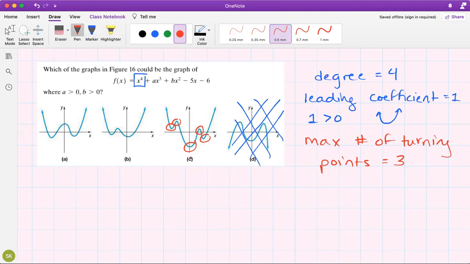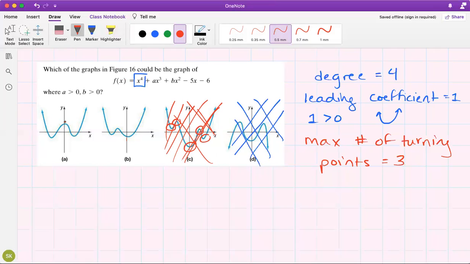There's no way that this graph goes with this function. So we're going to cross this one out. This one has 1, 2, 3 turning points, which makes sense for this function. And this one also has 3. So remember, you can have 3, 2, 1, but you can't have anything more than 3. So we've already eliminated 2 of the graphs. Let's see what else we can do.